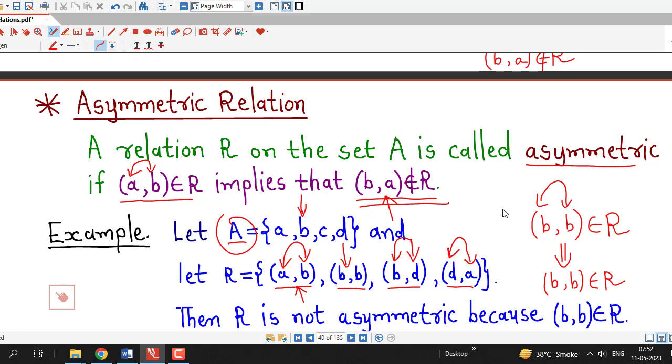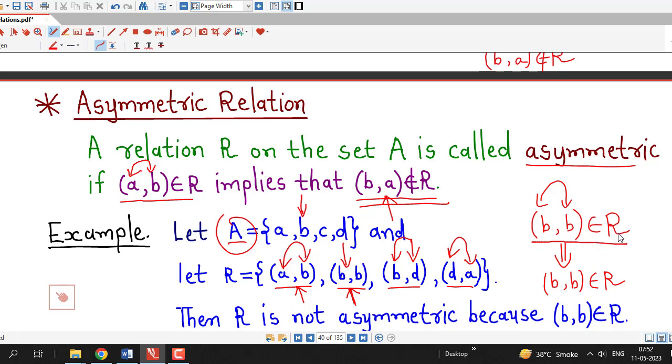Here if we change the order, we will obtain (a, d), that is also not present in R. But this ordered pair is creating the problem, and therefore R is not asymmetric.